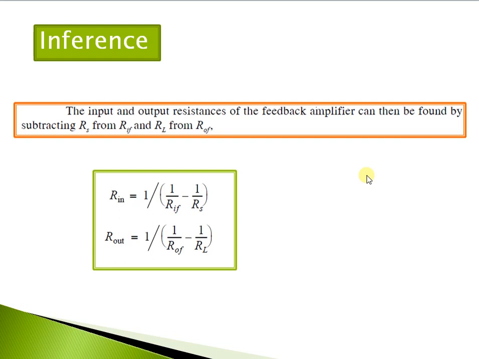If we had connected the resistance Rs at the input side and RL at the output side, then our actual values of input and output resistance would have been different. In the presence of Rs and RL, we would compute Rin equal to 1 by Rif minus 1 by Rs, and Rout equal to 1 divided by 1 by Rof minus 1 by RL.